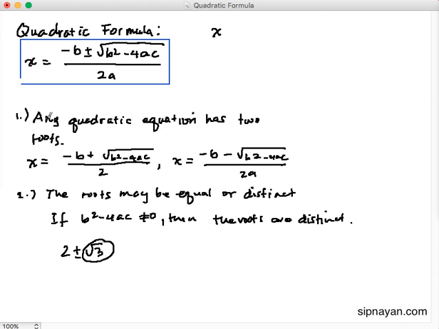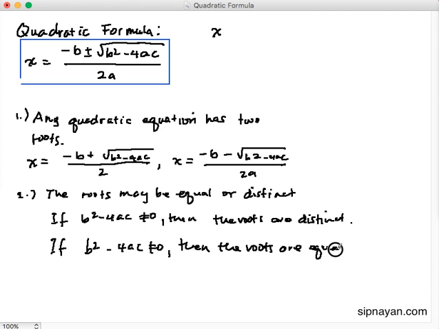However, if b squared minus 4ac is equal to 0, then the roots are equal. Bakit? Because if this becomes 0, then we have x equals negative b plus minus 0 over 2a.